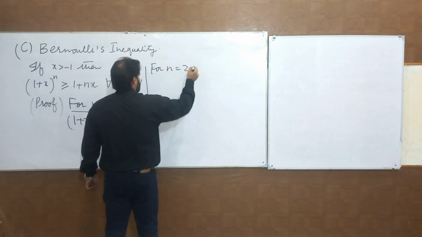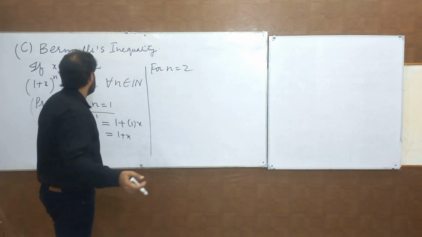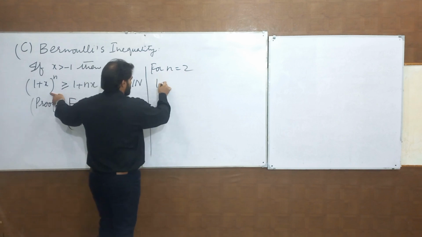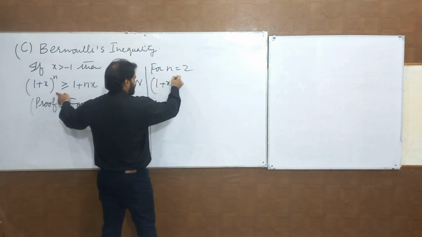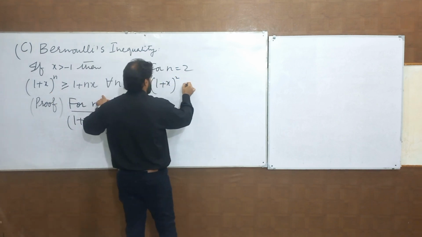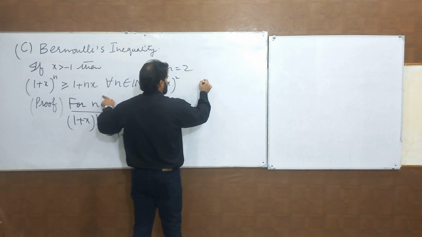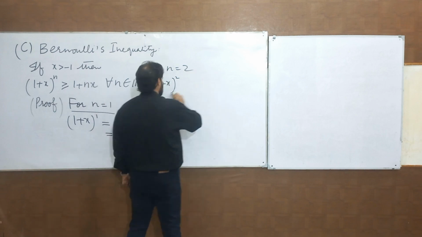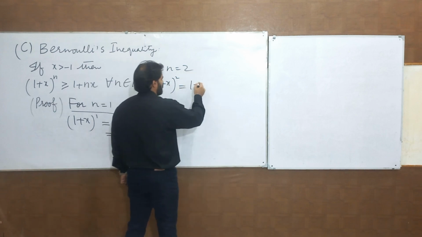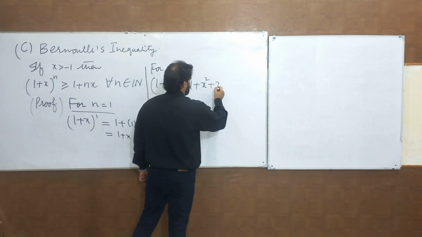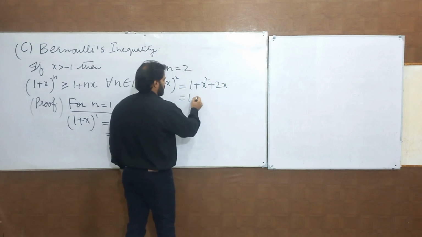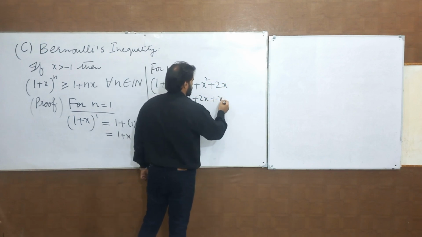For n equal to 2, if you solve this inequality, the left side gives us (1 + x) squared, which is 1 + 2x + x squared, and the right side is 1 + 2x.